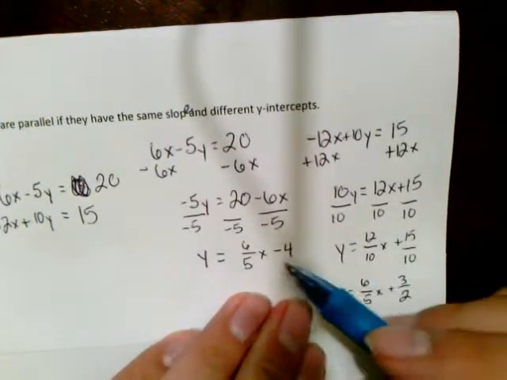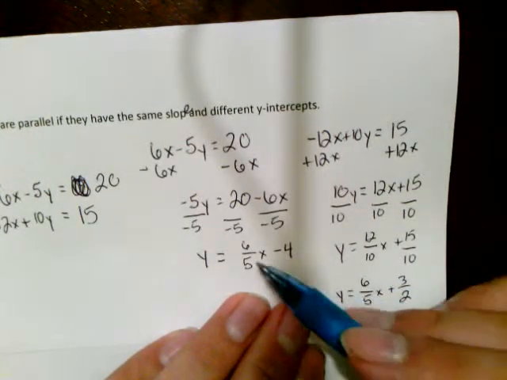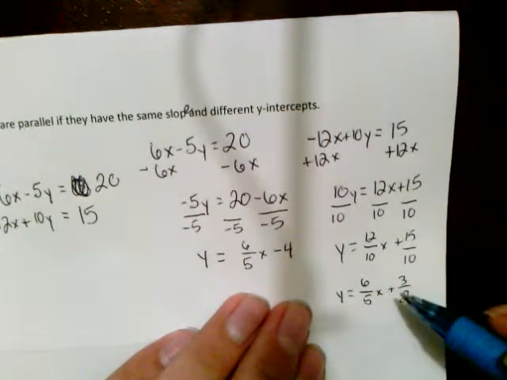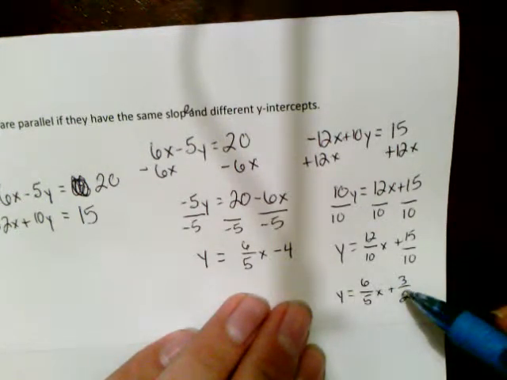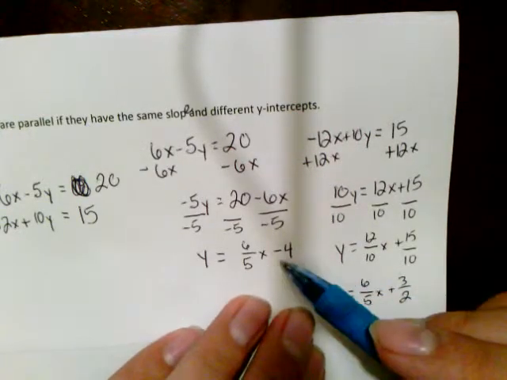Notice, I have two different problems. This one is 6 over 5, this one is 6 over 5, so they have the same slope but different y-intercepts, meaning where they cross the y-axis. So these two lines would be parallel.